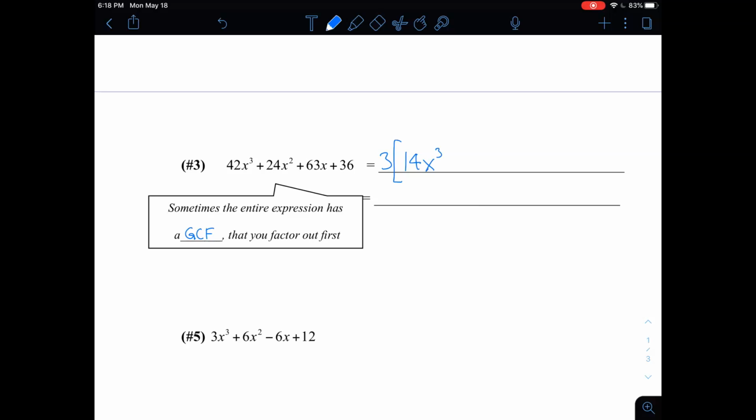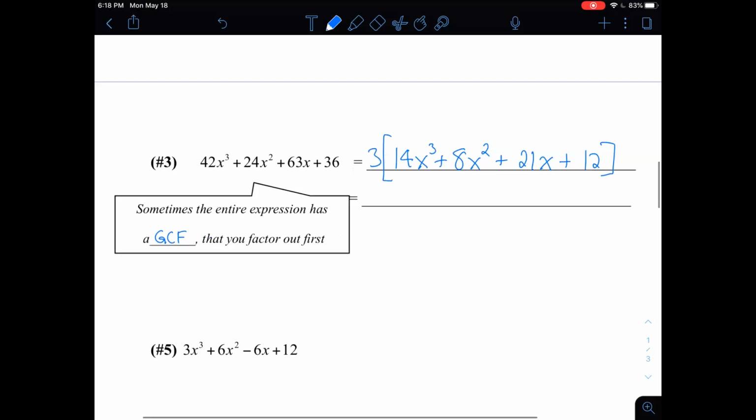Then we're going to have x to the third plus 8x squared, plus, and then 63 divided by 3 is going to be 21x. And then 36 divided by 3 is 12. Okay? So now we're going to do the same thing inside the brackets, but we're just going to kind of ignore the 3 for a while here, okay?